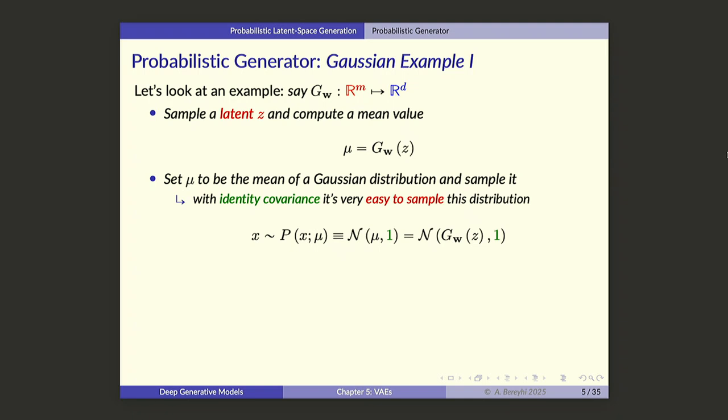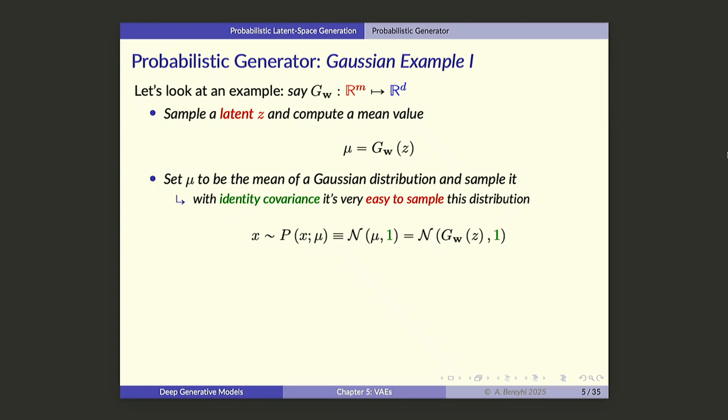Every entry of x is distributed with variance 1, all of them independent. Now, I have this distribution, mean mu, variance 1. I can now simply sample from that, correct? And that sample is going to be my data sample. So mu, which is computed based on the z value, the latent sample, is not giving me the data sample, it's giving me the mean value for that distribution. Everybody's clear?